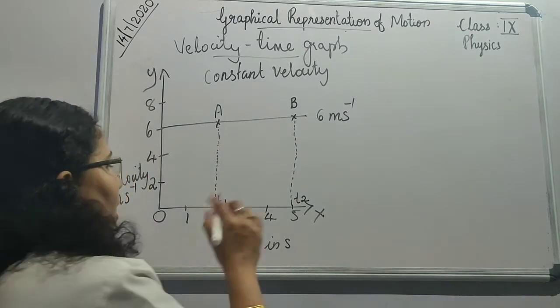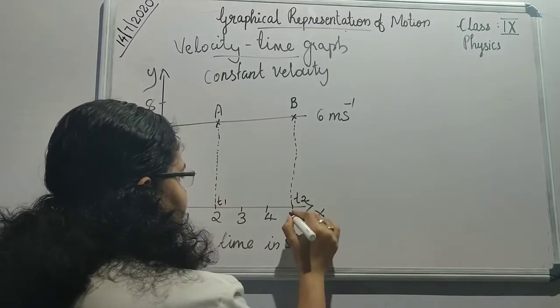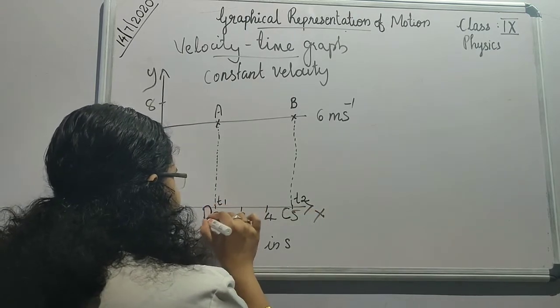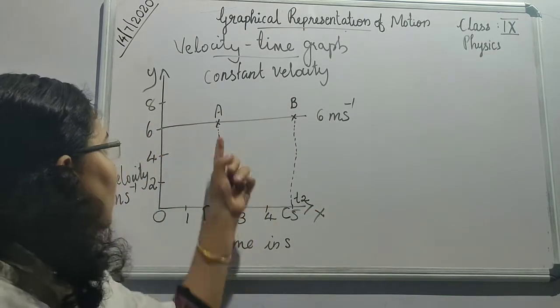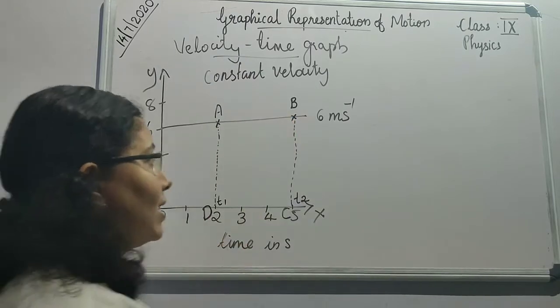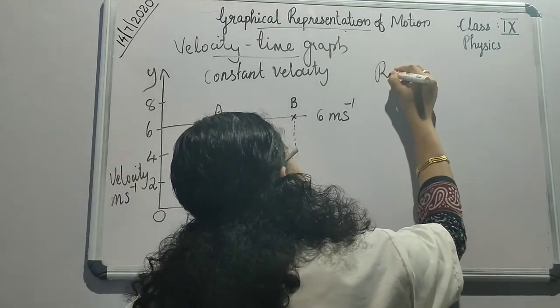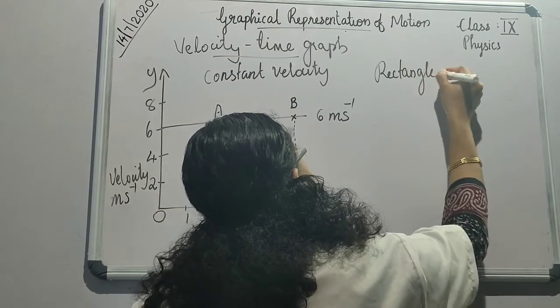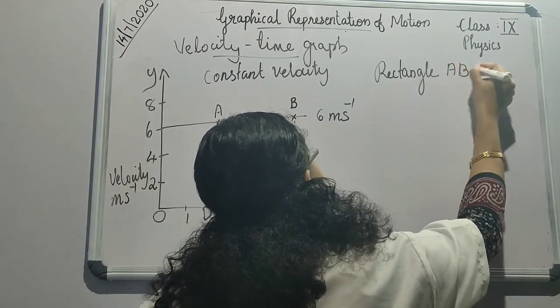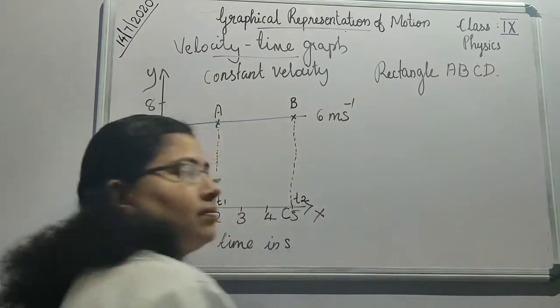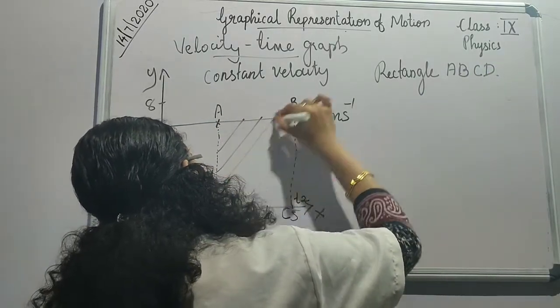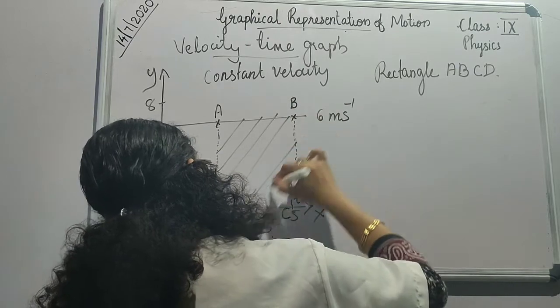Let me take these positions as C and D. So now ABCD is a rectangle.